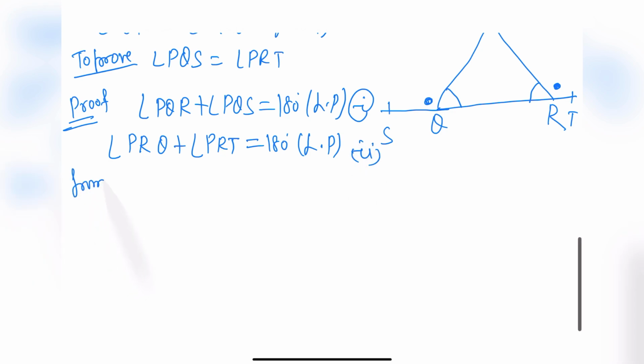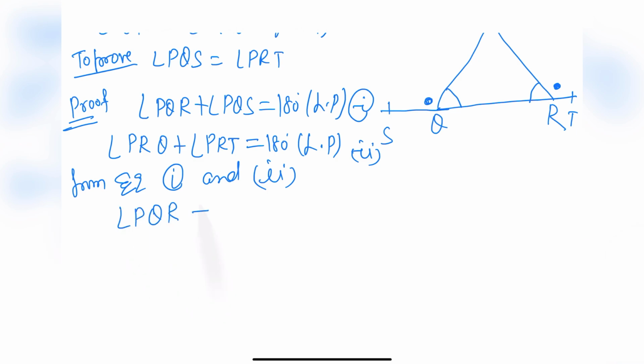Now from equation number 1 and 2, because both are equal to 180 degrees, we can say that these two are equal. So it means angle PQR plus angle PQS is equal to angle PRQ plus angle PRT.